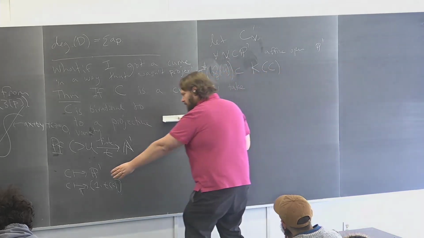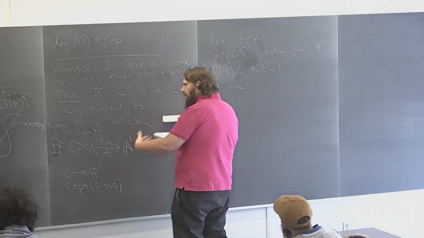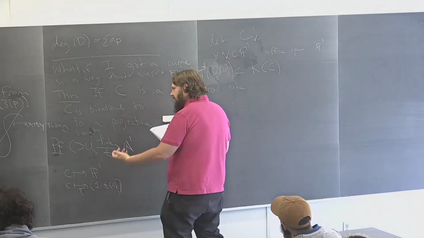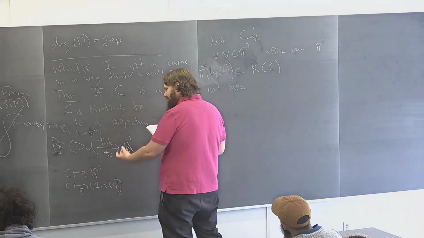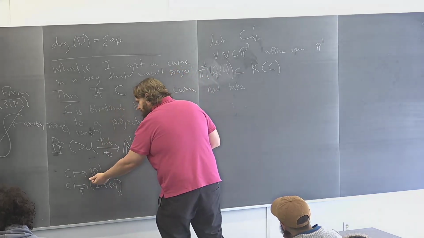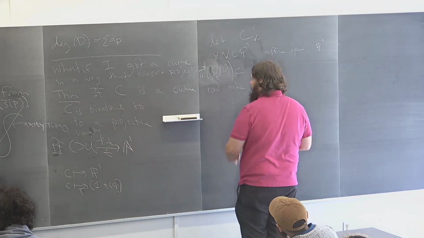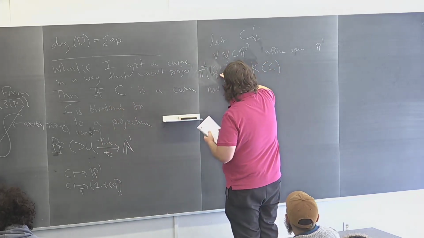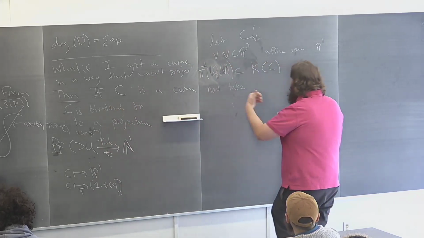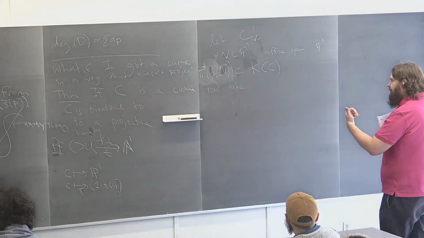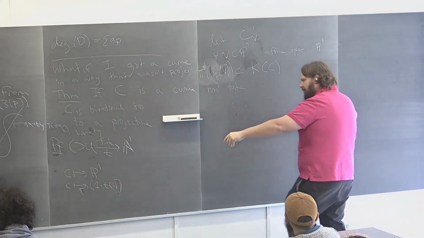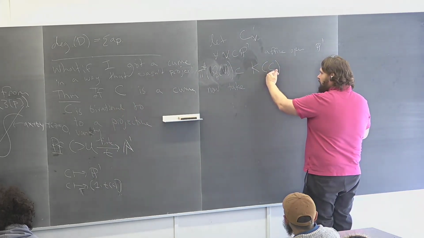I have this map to P1, and on P1, I have a notion of functions not blowing up at points on P1. So I take the functions on P1 that don't blow up anywhere in my V, and I pull them back to functions on C. Maybe there are some poles, but they're well defined as elements of the function field.